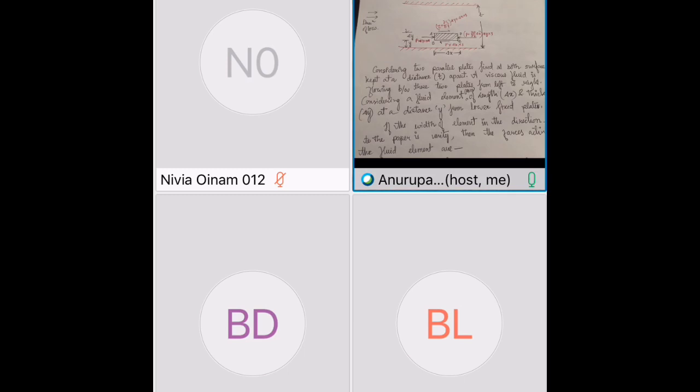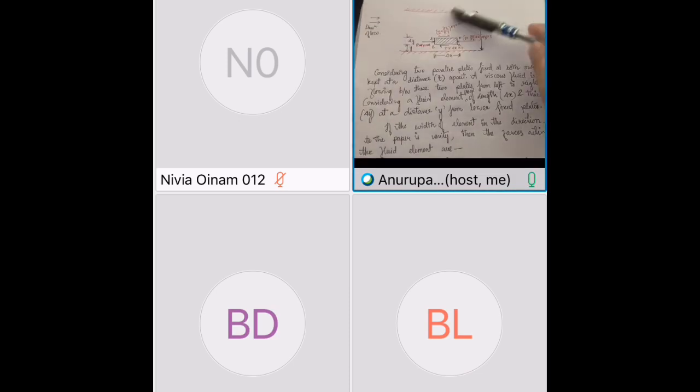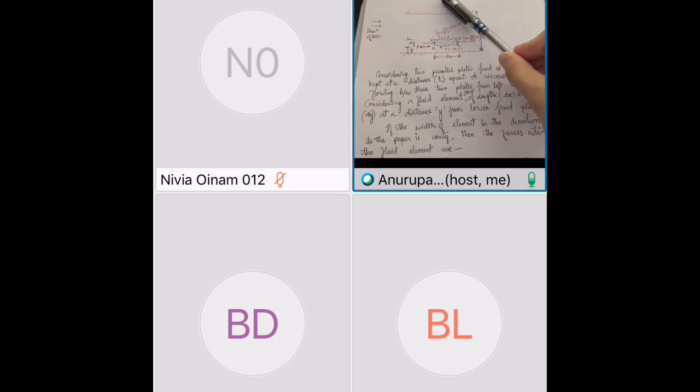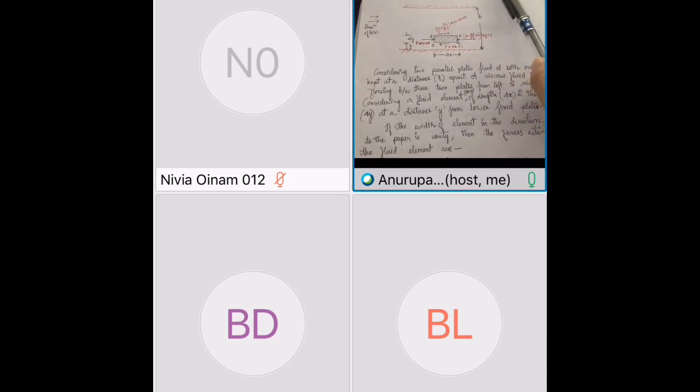Let us consider this fluid element is at a distance y from the lower fixed plate.